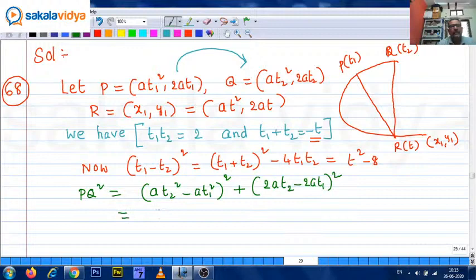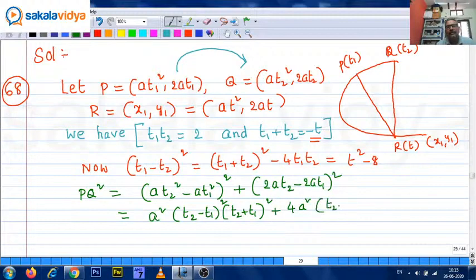So we can take a square common: t2 minus t1 into t2 plus t1, that is t2 square minus t1 square, whole square, plus 2a common, this becomes 4a square, so we have t2 minus t1 whole square. T2 minus t1 whole square or t1 minus t2 whole square is the same, that is t square minus 8.